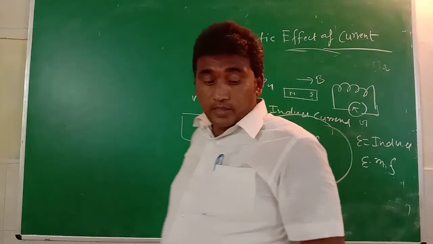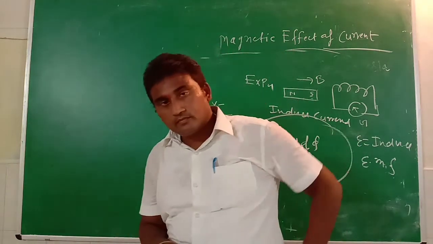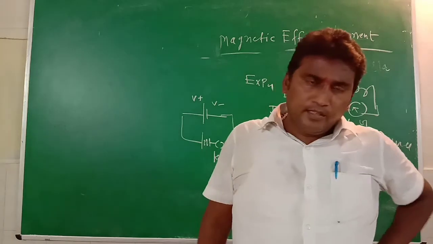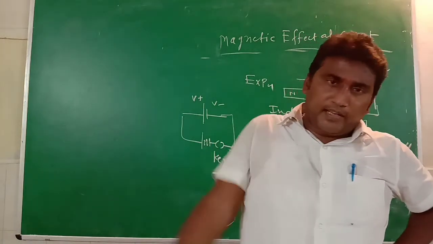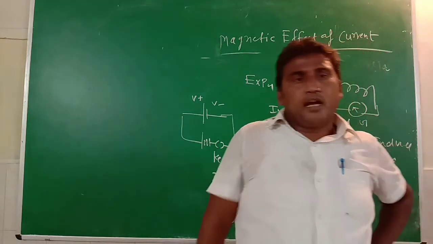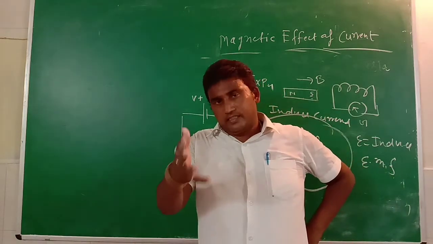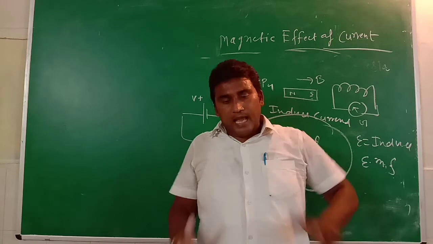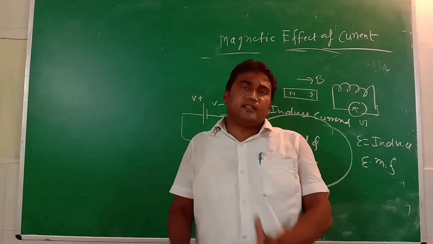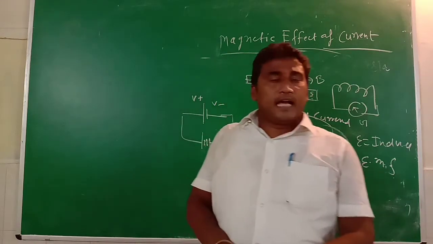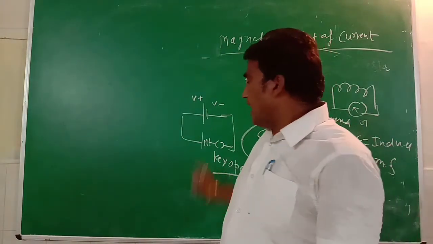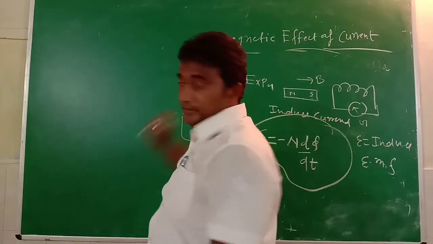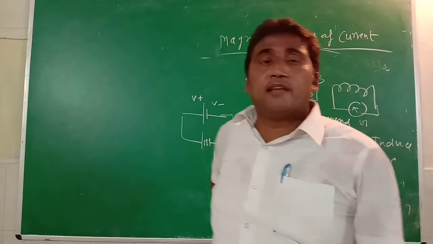Now, two important definitions for you: what is the difference between the EMF and terminal voltage? What is the EMF? When our circuit or key is open and the potential difference is developed between the positive and negative plate, that is known as EMF and it is denoted by E. But what is the terminal voltage?